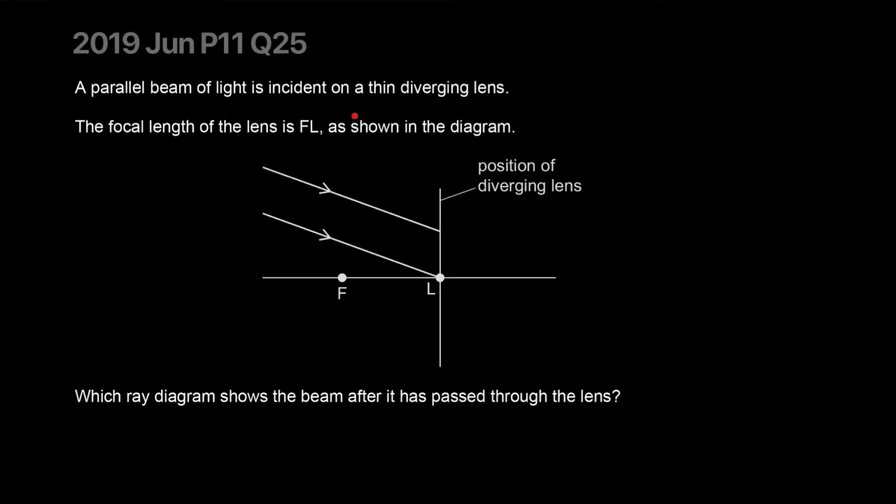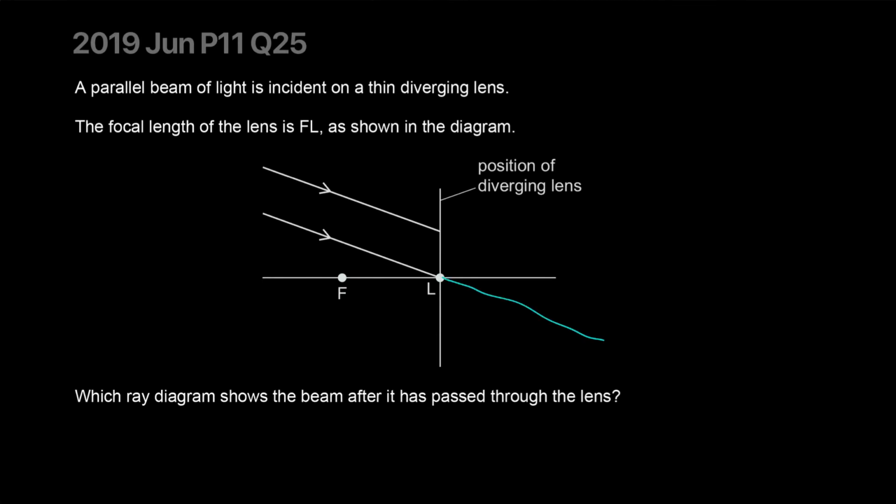A parallel beam of light is incident on a thin diverging lens. The focal length of the lens is FL, as shown in the diagram. So you have to predict the ray diagram. It's pretty straightforward. Whatever light goes through the center of the lens keeps going straight. So let's try drawing that. That's a straight line, good enough.